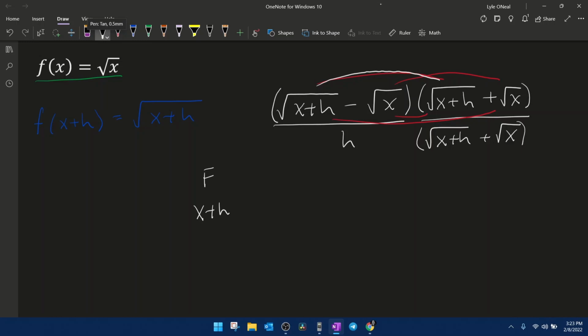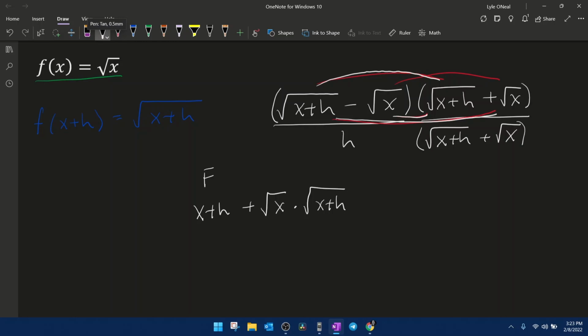That's the first piece. And then on the outside, we're going to have square root of x times square root of x plus h. Let's leave those separate. We could multiply the square roots, but let's just leave it like that for now.